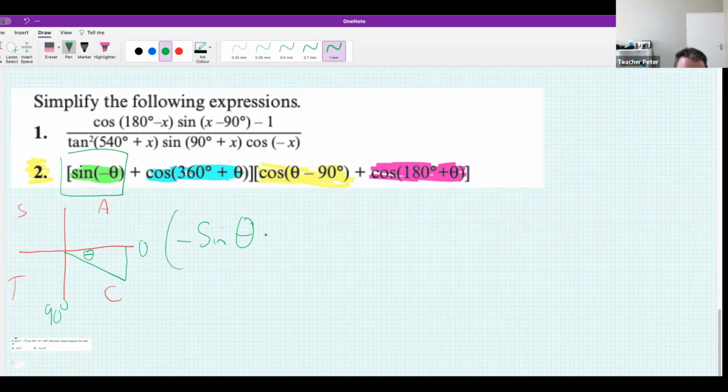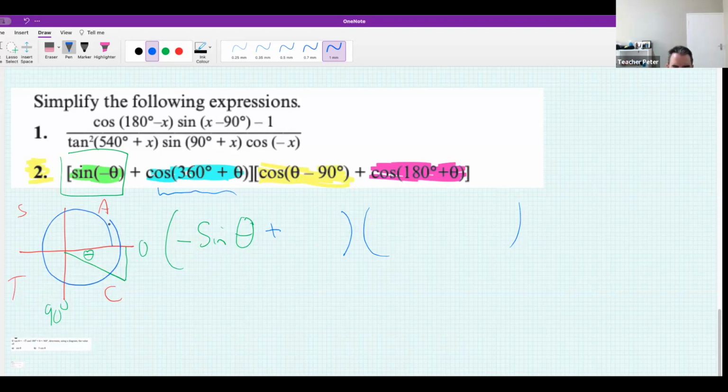Okay, but now what about the blue one? What is going to go in the blue one? Where is 360 plus theta? So if I start here, that's 360, that's plus theta.